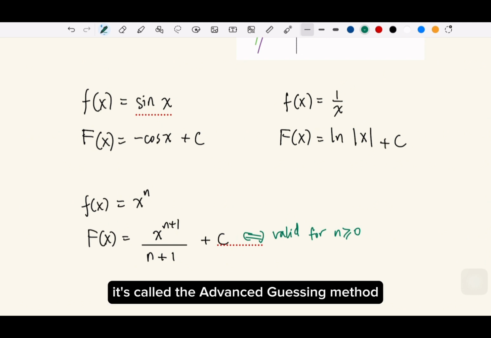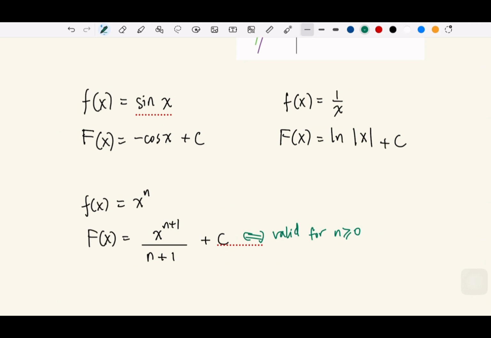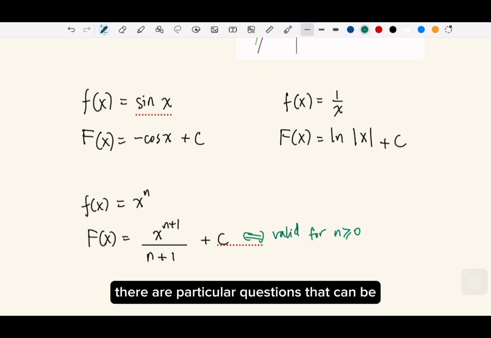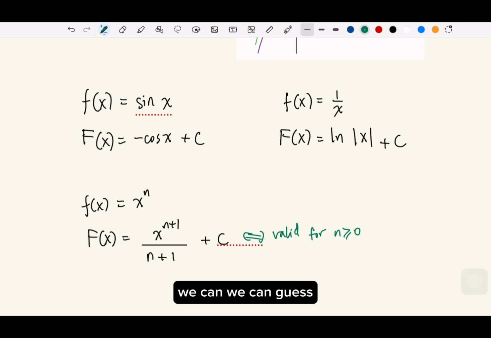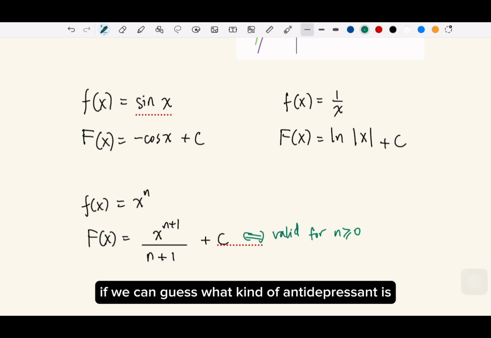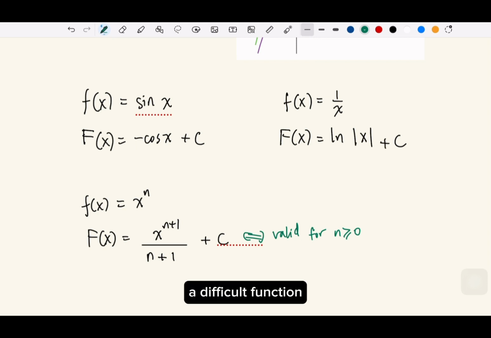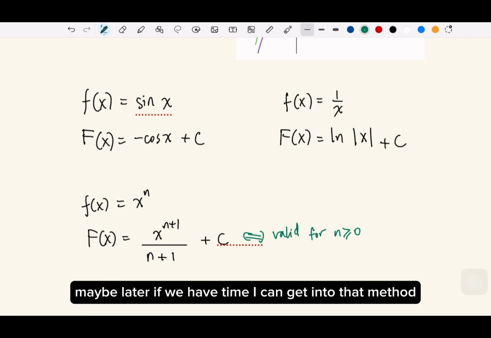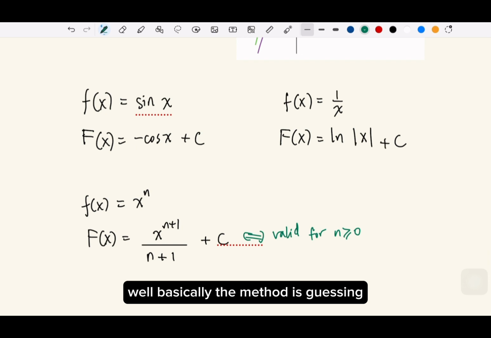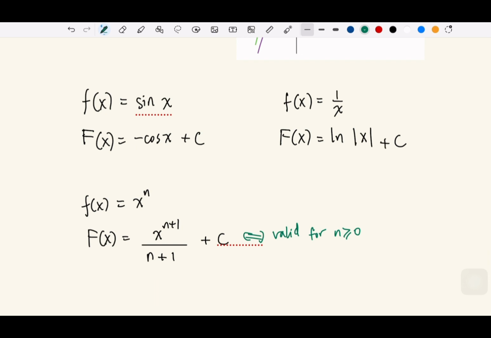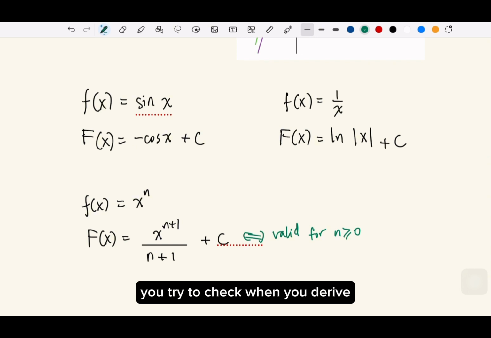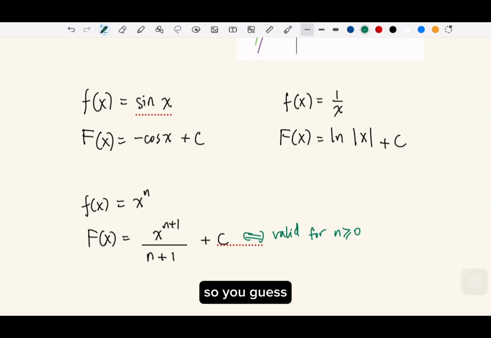It's called the advanced guessing method. There are particular questions where we can guess the antiderivative of a typical function. Maybe later if we have time, I can get into that method. But basically the method is guessing. So you take some functions and check, when you derive, can it be this one or not? So you guess.